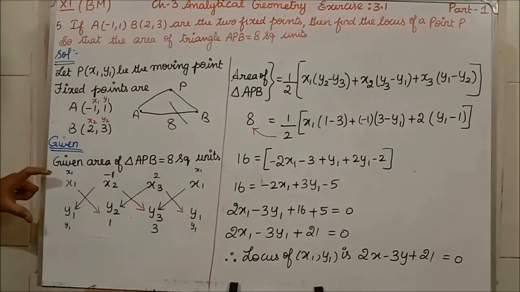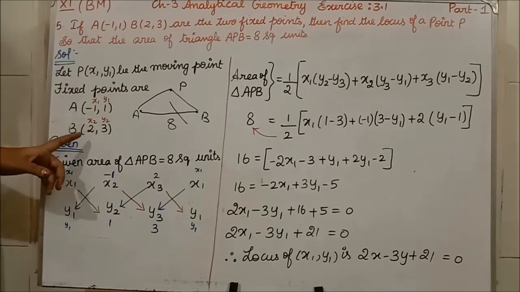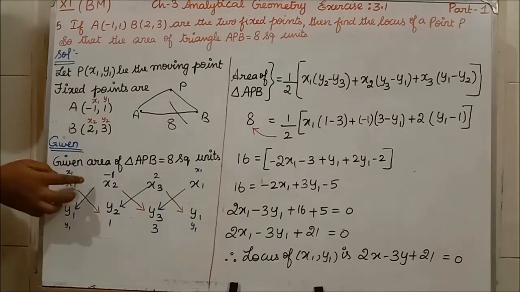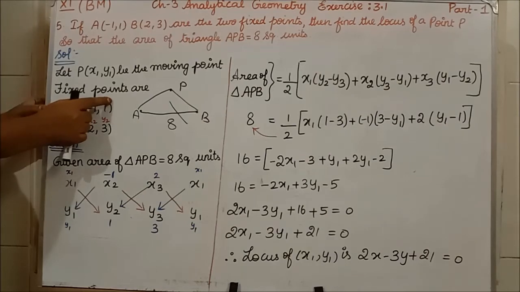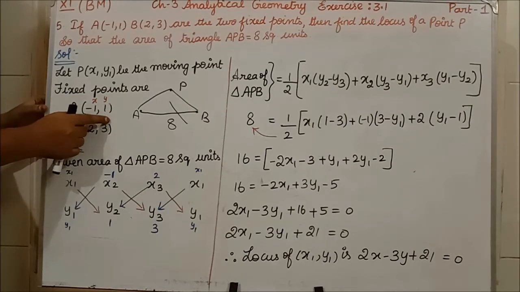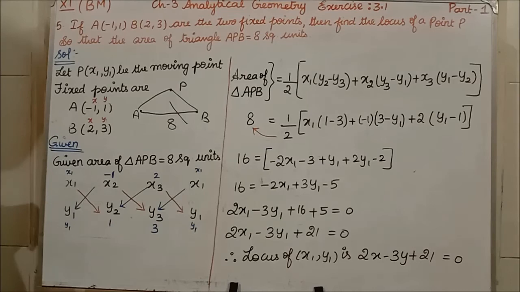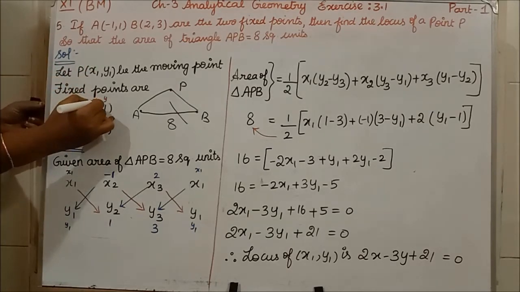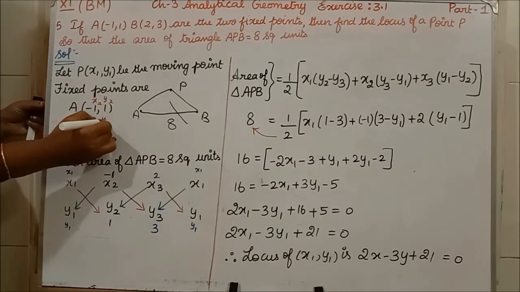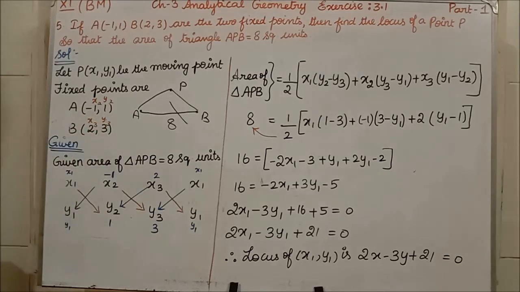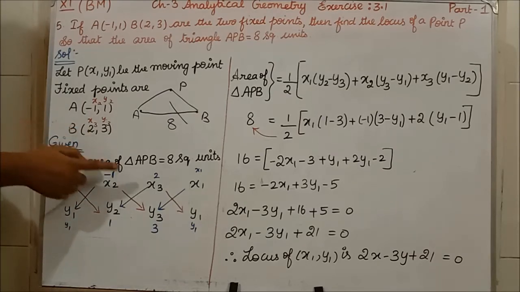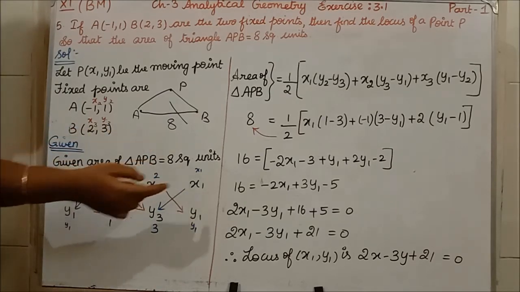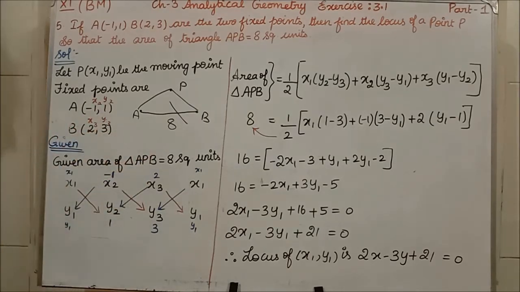Your x1, y1 is the same x1, y1 only. x2, y2 means -1, 1. x3, y3 is 2, 3. Again I am writing x1, y1.